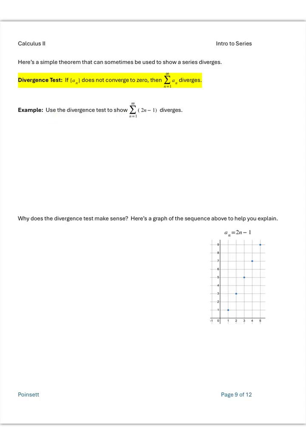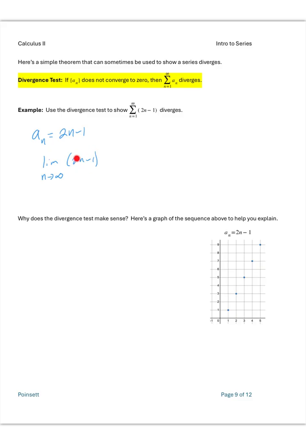Use the divergence test to show that the sum as n goes from 1 up to infinity of 2n minus 1 diverges. In this case, our a sub n's are the 2n minus 1s, and we want to see if the sequence of a_n's does not converge to 0. That means we need to take the limit as n approaches infinity of our a sub n's.